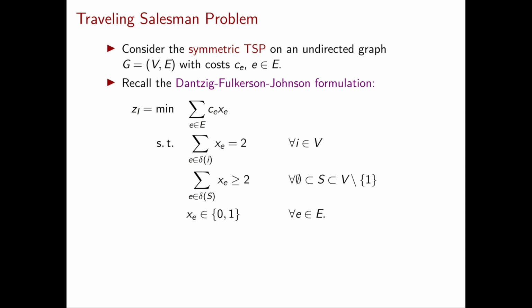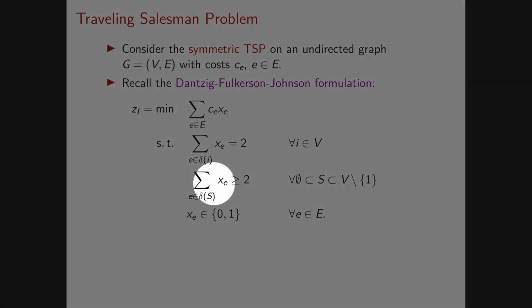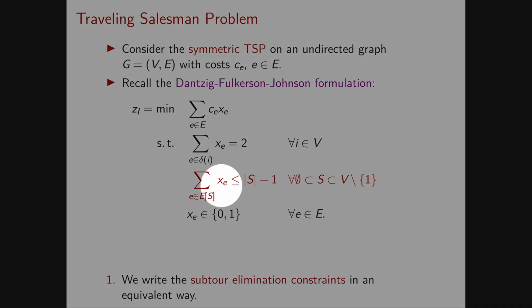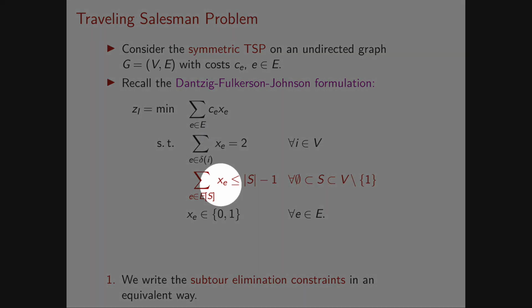While the current subtour elimination constraints tell us that you must have at least 2 edges leaving every set of nodes, we're going to write them in an equivalent form.